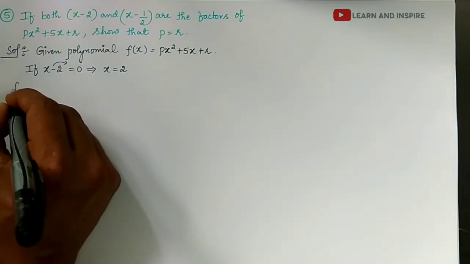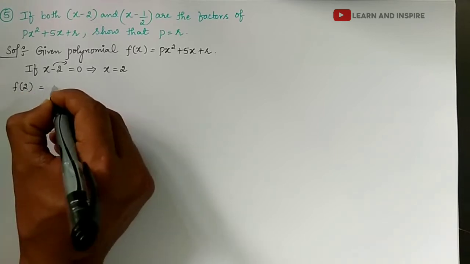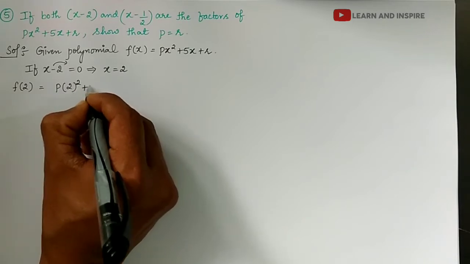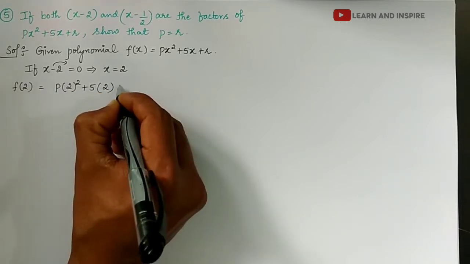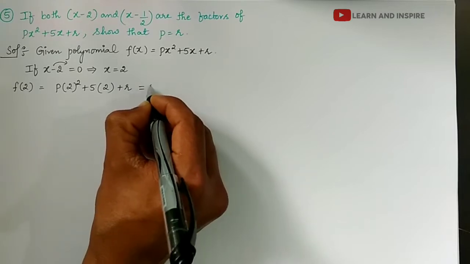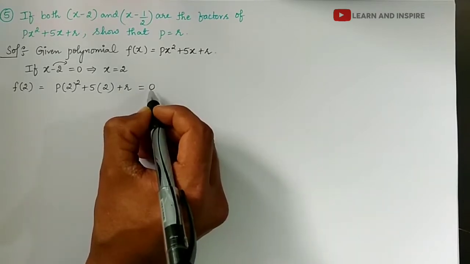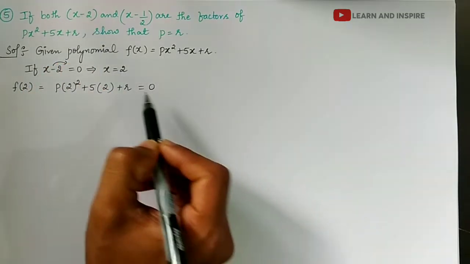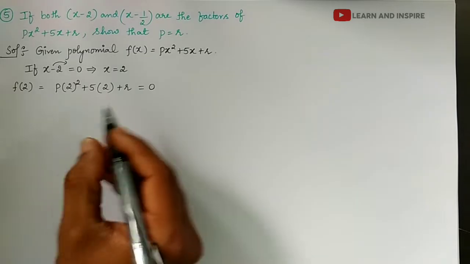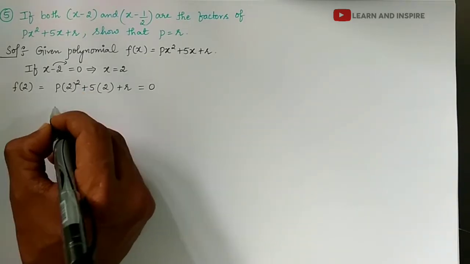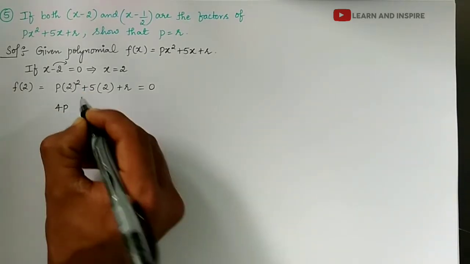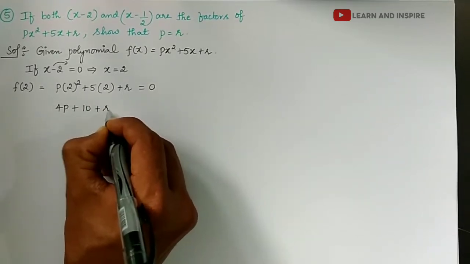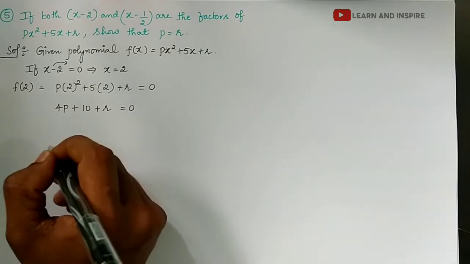So f of 2 equals p into 2 square plus 5 into 2 plus r equals 0, because this is a factor. So if I substitute x equals 2 in the given polynomial, then it becomes a factor. 2 square is 4, 4 into p is 4p, plus 5 twos are 10, plus r equals 0.